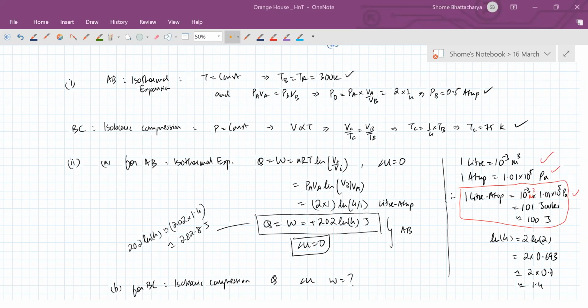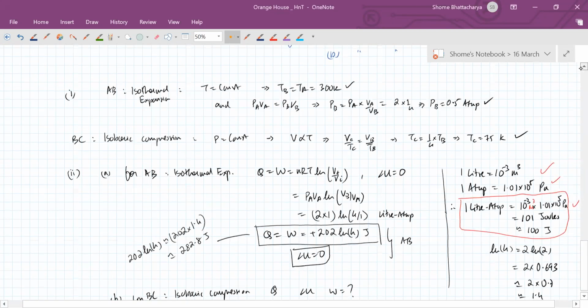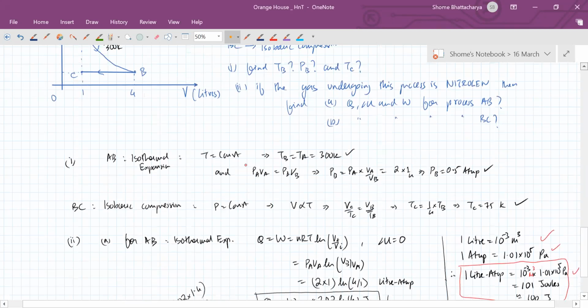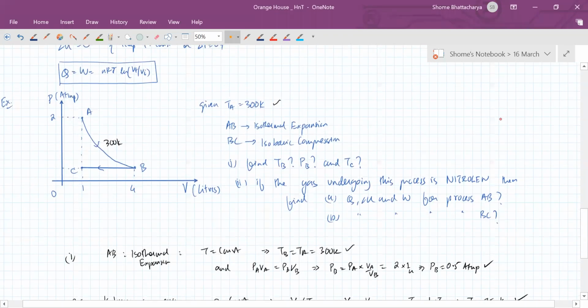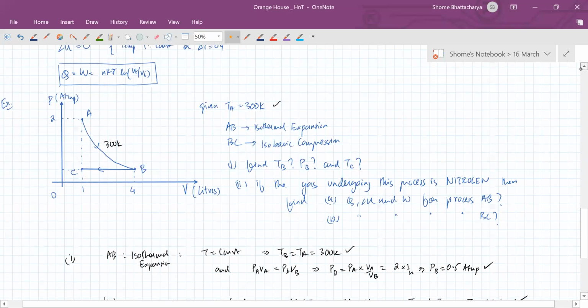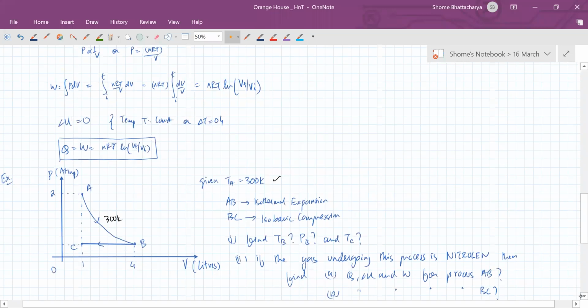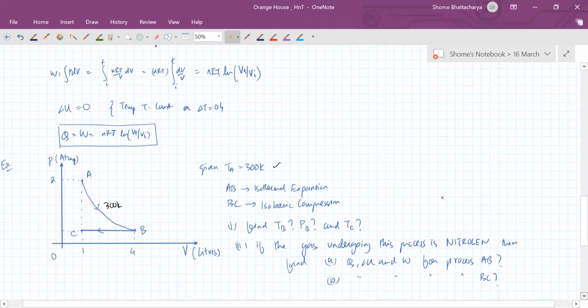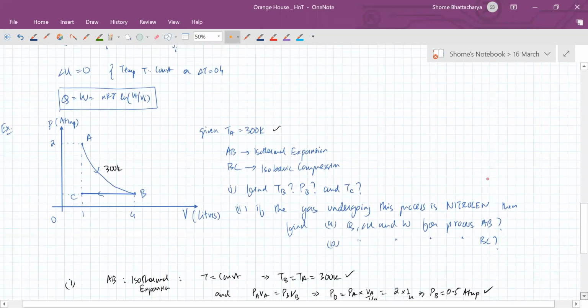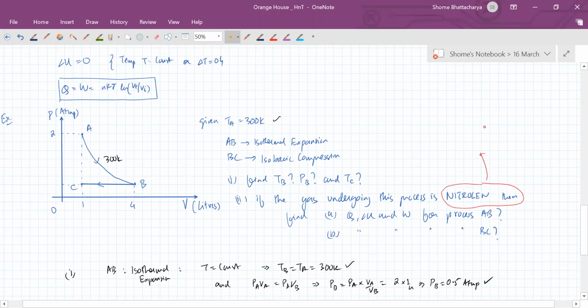Okay, now similarly we have to do the calculation for the second part, which is the isobaric compression, B to C, as you can see. But in this, remember that the gas undergoing the process is nitrogen. So nitrogen is a diatomic gas.